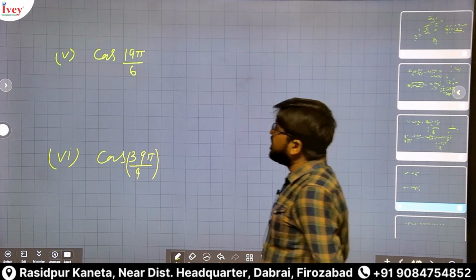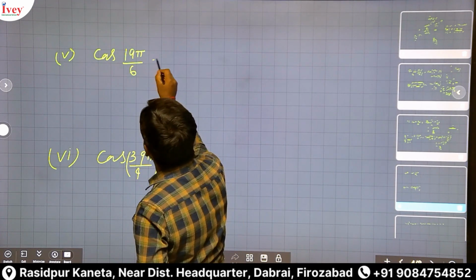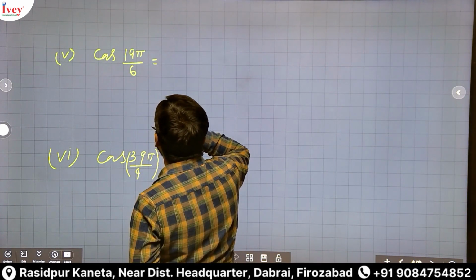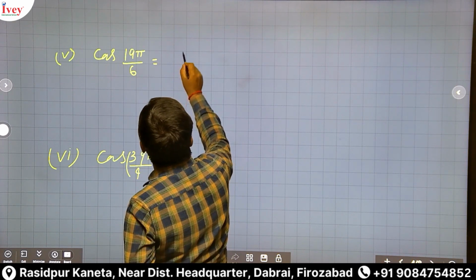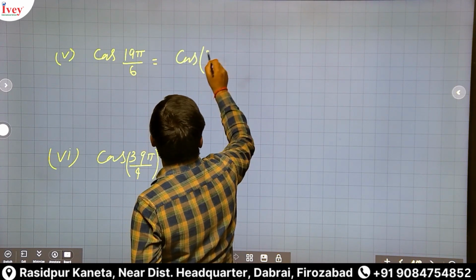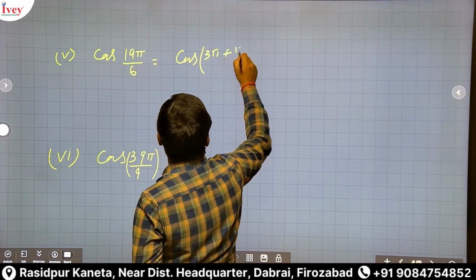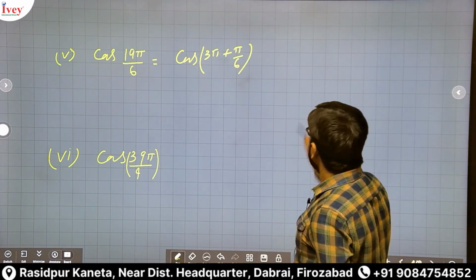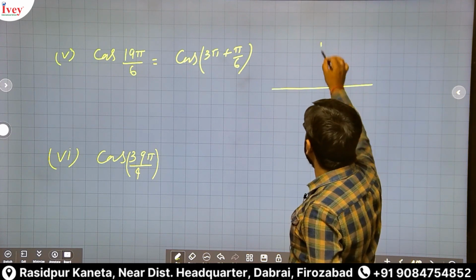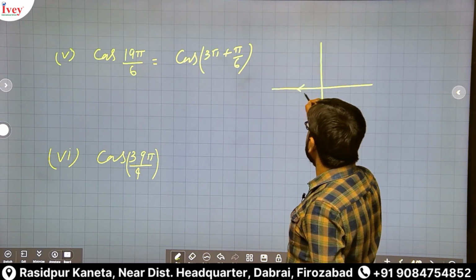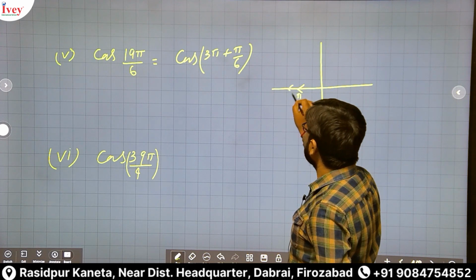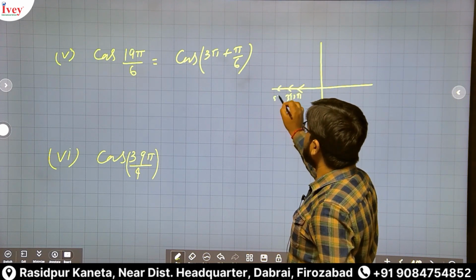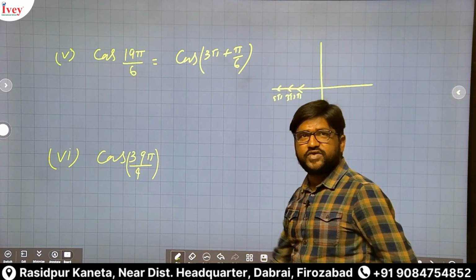So now again we are having this question. So what can we write here? It can be written like this: cos 3 pi plus pi by 6. Can you see it? Cos 3 pi plus pi by 6. If we see where the 3 pi is, in the negative direction of the x-axis, it is pi, it is 3 pi, it is 5 pi, always in the negative direction of the x-axis.